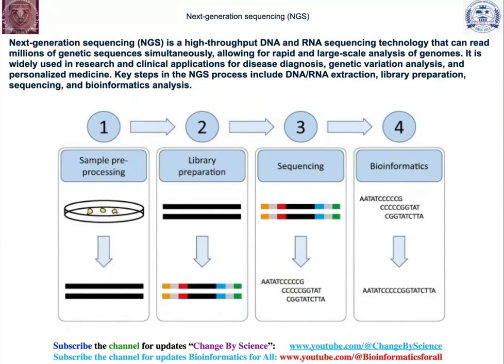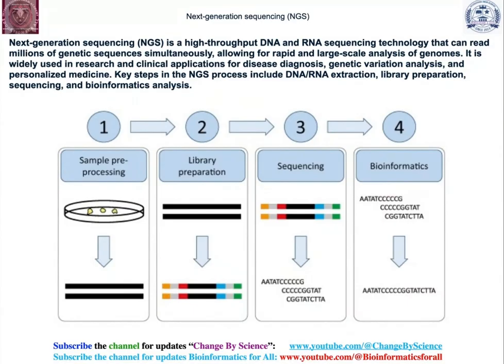It is widely used in research and clinical applications for disease diagnosis, genetic variation analysis, personalized medicine, and therapeutics. The key steps involved in the NGS process include DNA RNA extraction, library preparation, sequencing, and bioinformatics analysis.